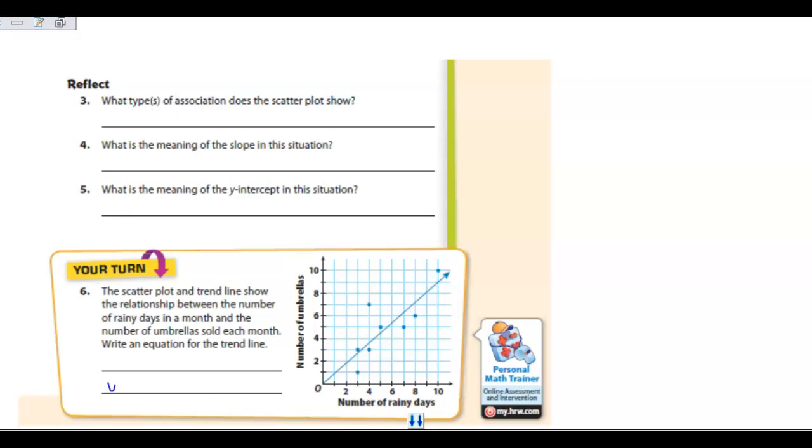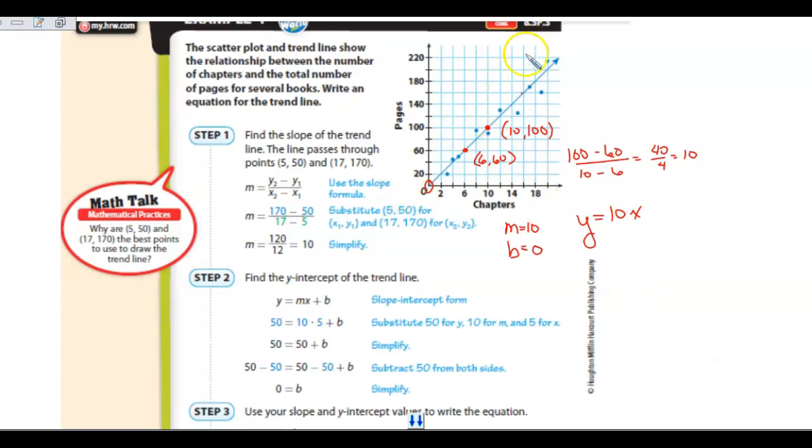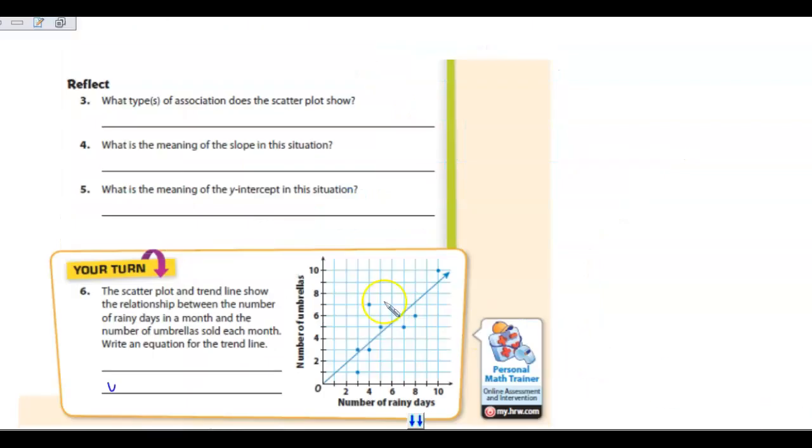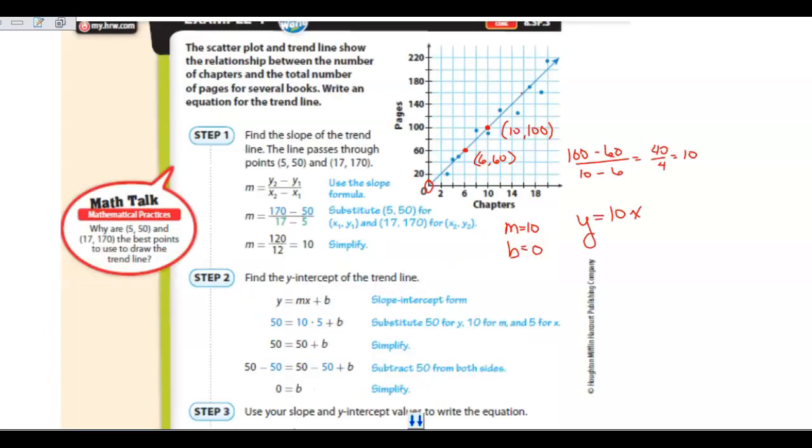What type of association does the scatter plot show? So when I take a look at this association, what is that? Yeah, you're right, it's positive. So we know it's positive, but what is the meaning of the slope in this situation? Let's take a look at this. If I have more chapters, would you expect there to be more pages?